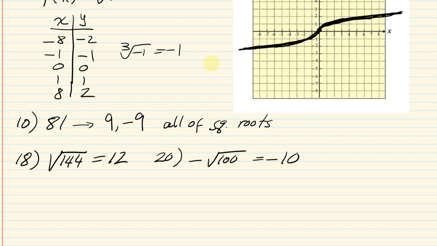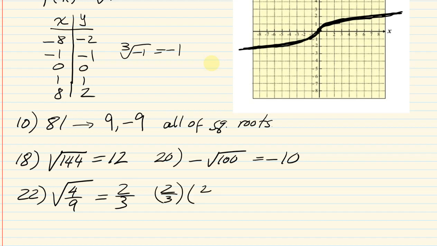Something in the way of a fraction, let's say number 22, we have the square root of 4/9. This time a fraction times itself is 4/9, so that's going to be 2/3. The reason is that 2/3 times 2/3 is 4/9. Okay, and there we have this one.